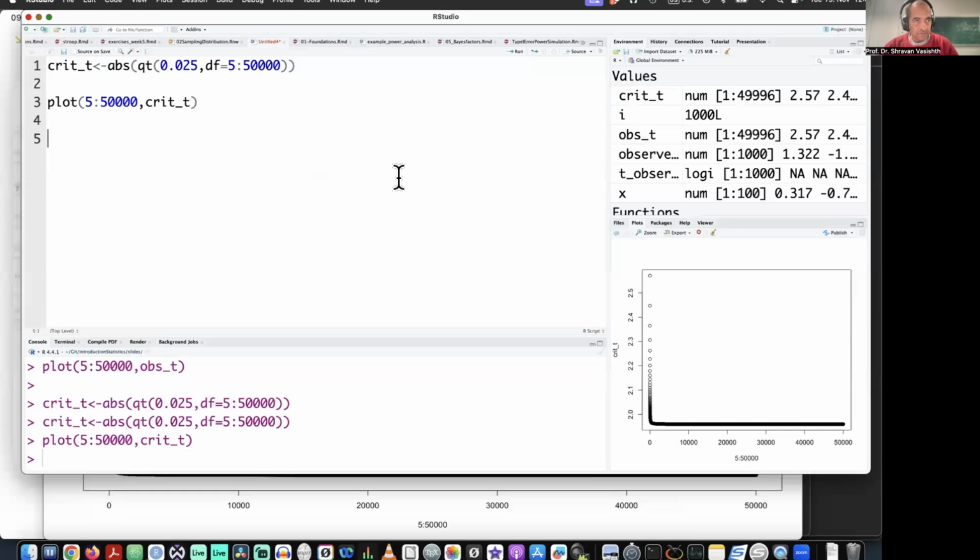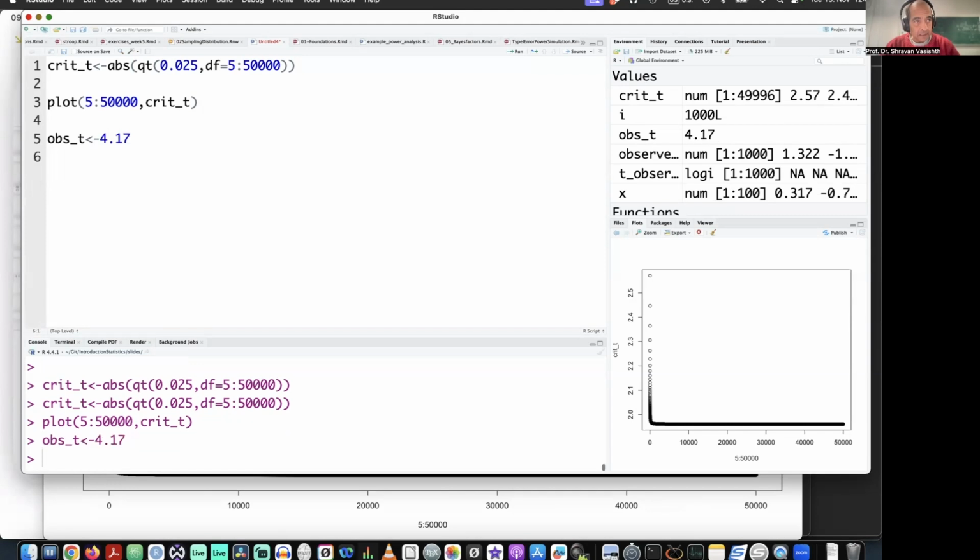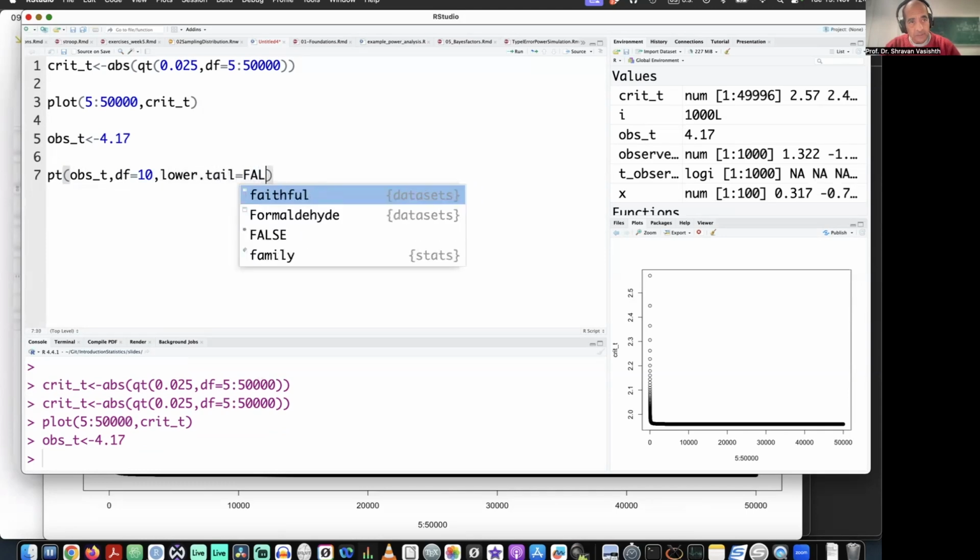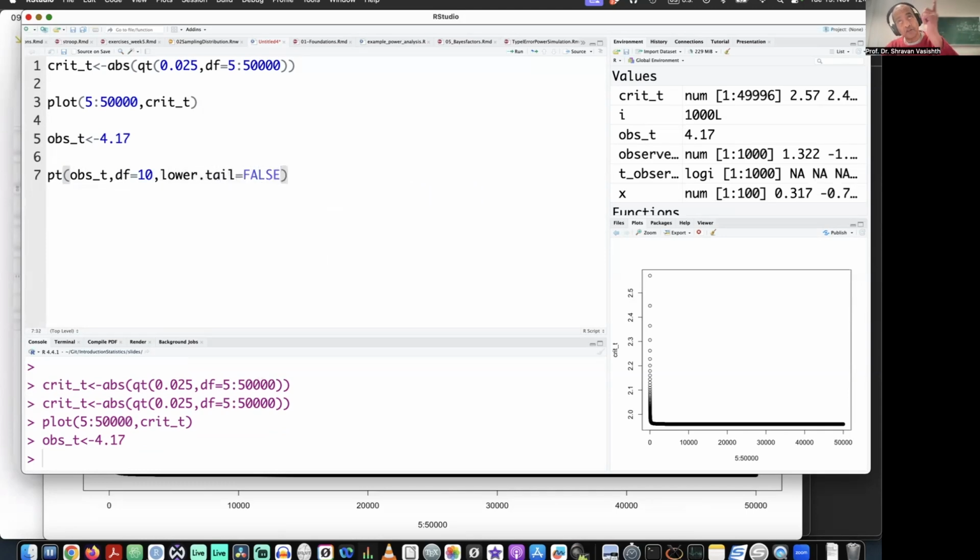If my observed t value is 4.17, I'm going to use the PT function to figure out the probability of observing this value or something more extreme, given degrees of freedom 10, because 11 minus 1. And I'll say lower tail equal to false because I'm looking at the probability to the right of 4.17, okay?